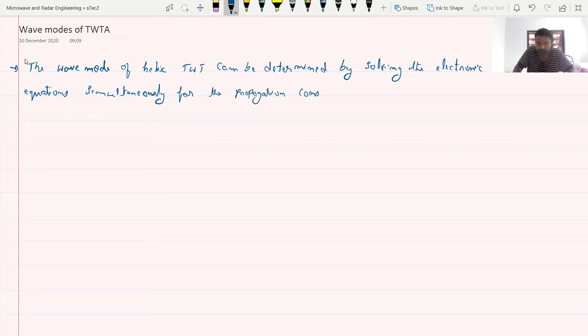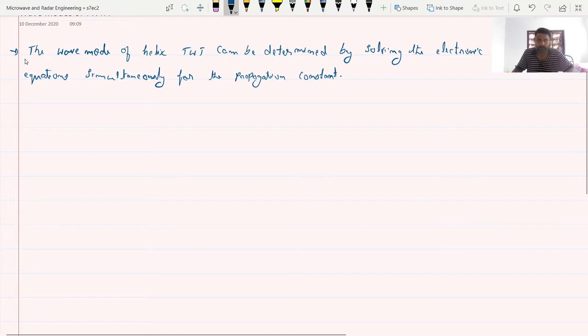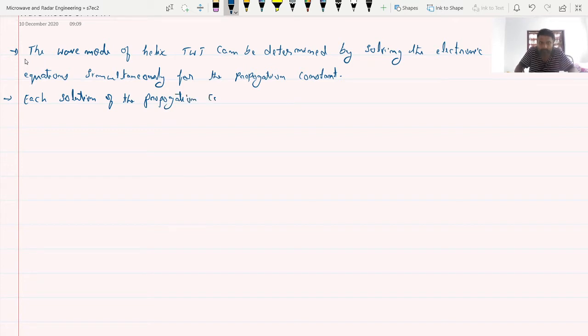Each solution of the propagation constant, as I told you, represents a mode of traveling wave in the tube.